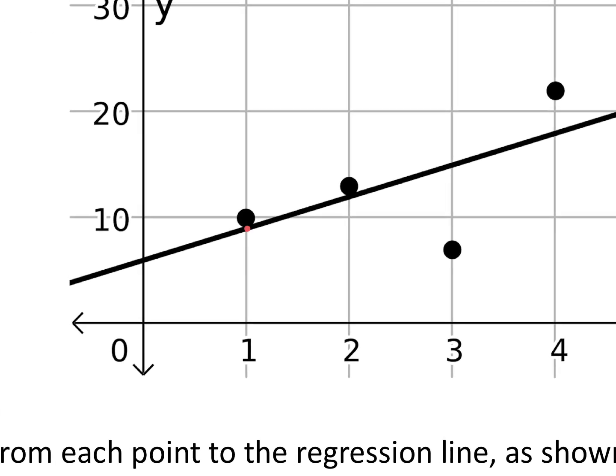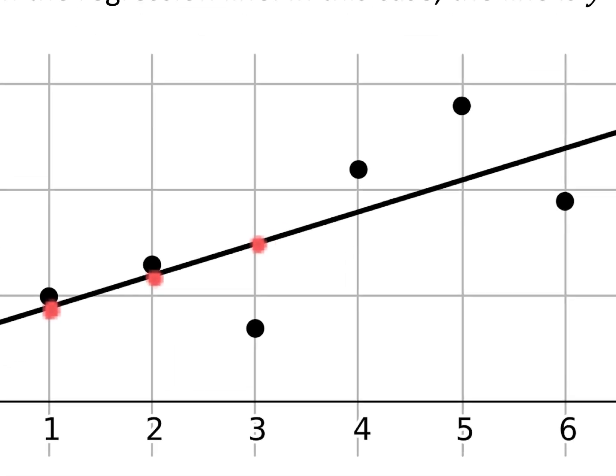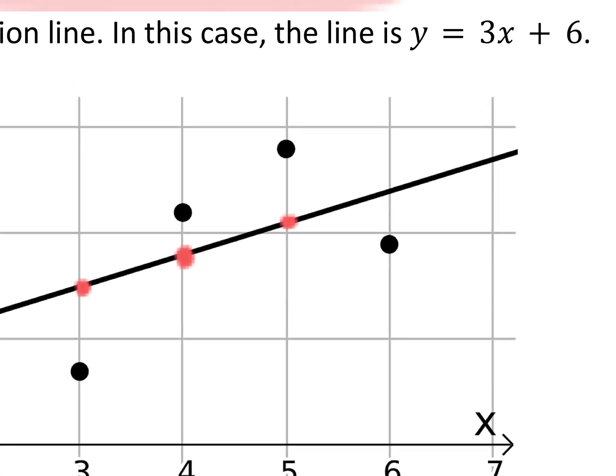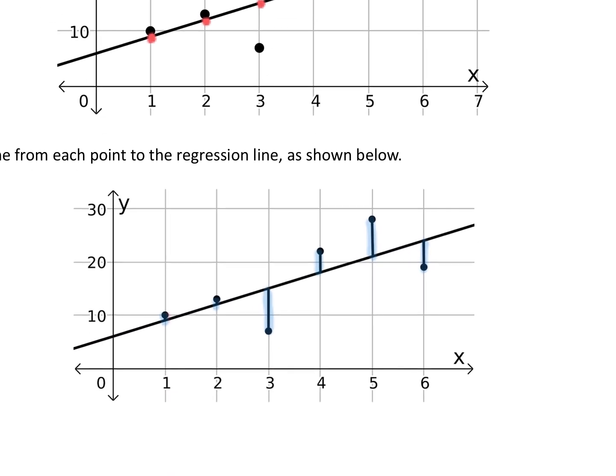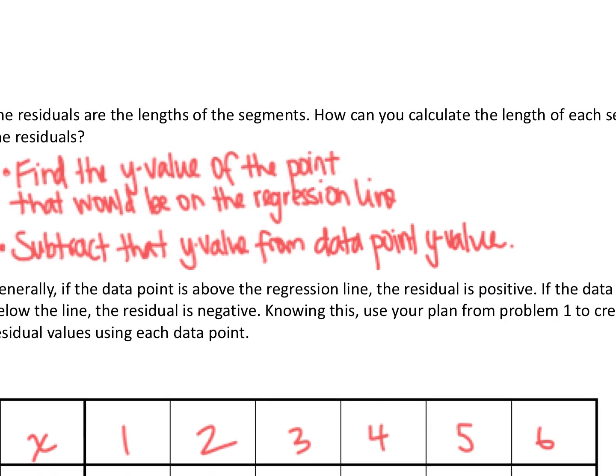So that's this point right here on the regression line. And then we're going to find this one next, and this one next, and then this one, this one. Do you see how we're just finding the points on the regression line at those x values? So x values do not change, but we will calculate all those y values.